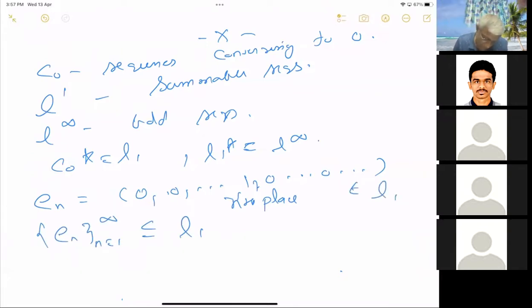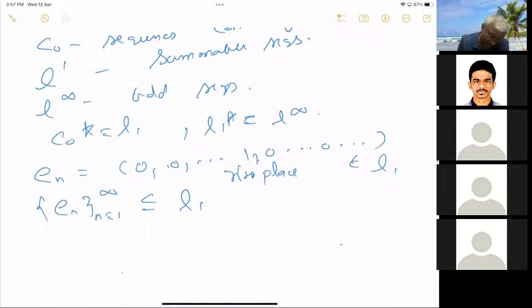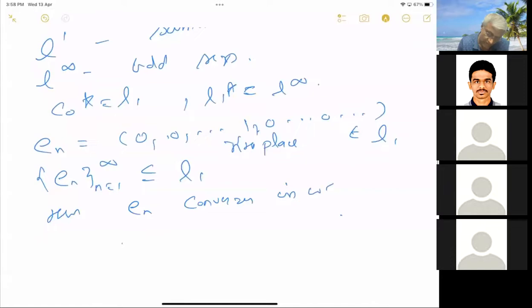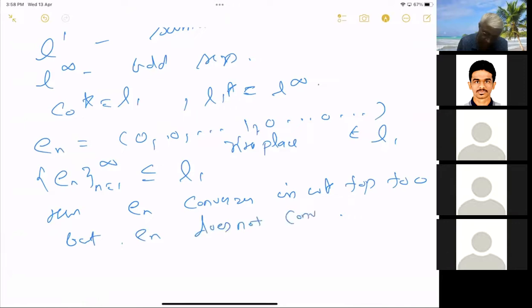Now you consider the sequence of this En in L1. Then En converges in weak star topology to 0. But En does not converge to 0 in weak topology.